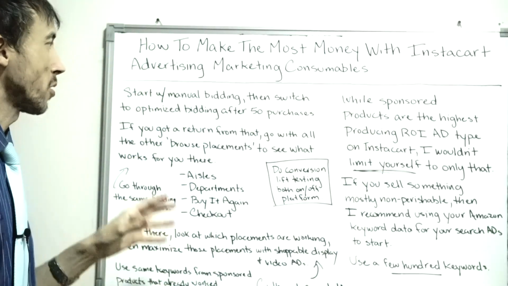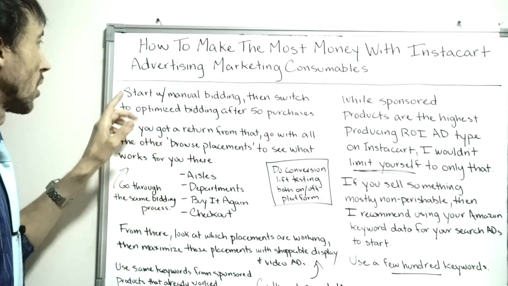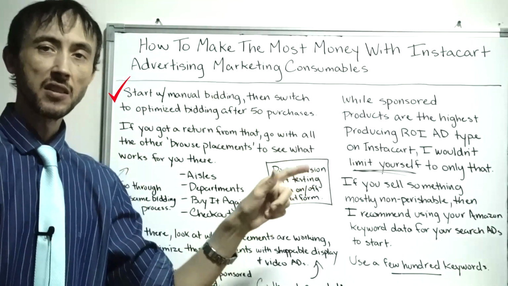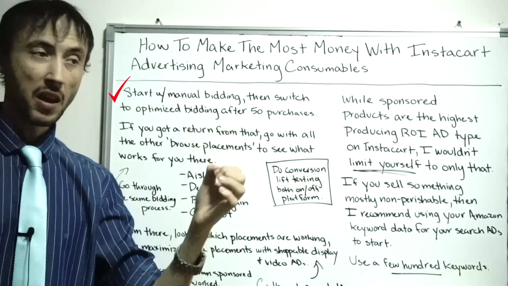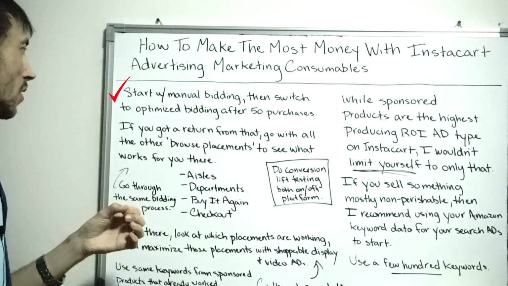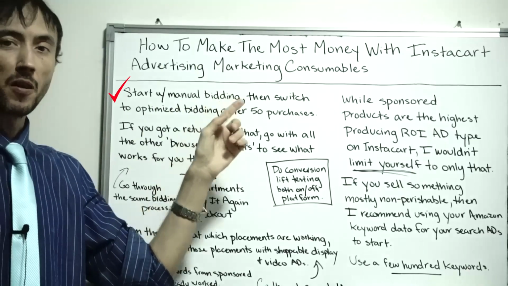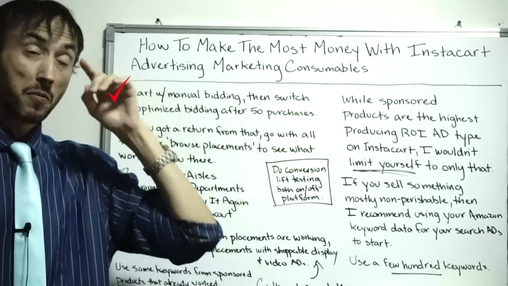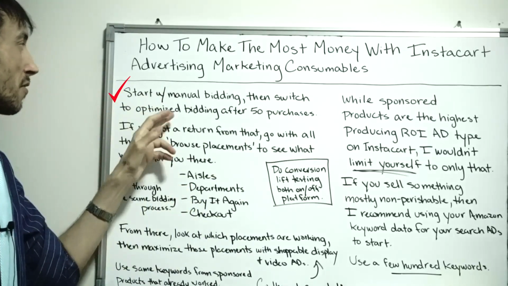So sponsored product ads are great. You want to start with manual bidding, because they have manual and automated bidding, which they call optimized bidding instead of smart bidding, because different ad platforms call automated bidding different things, but Instacart calls it optimized bidding.